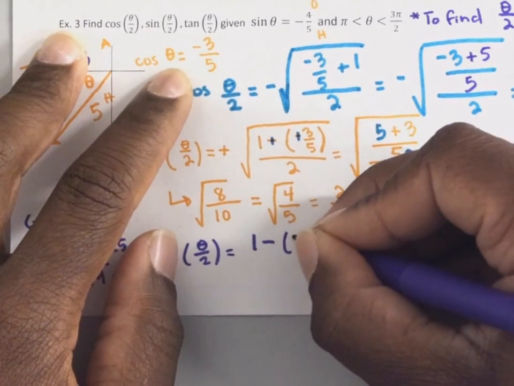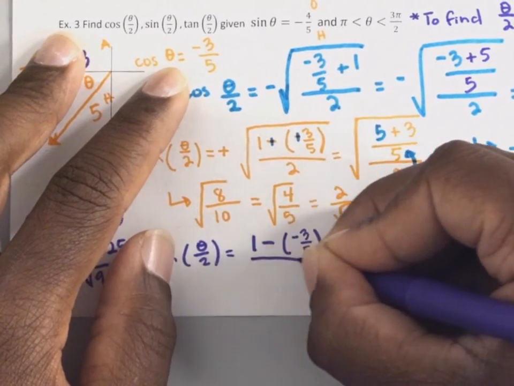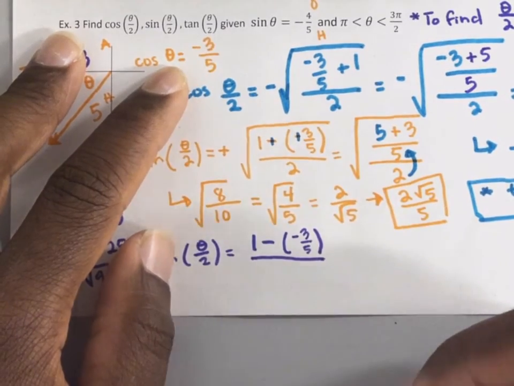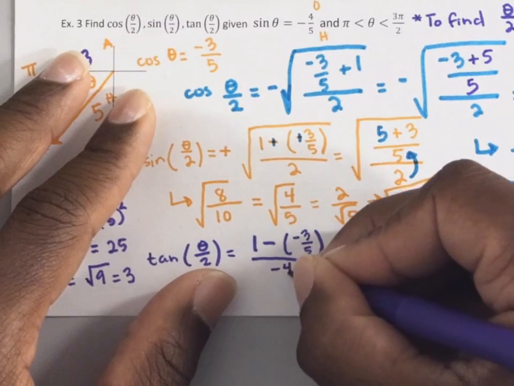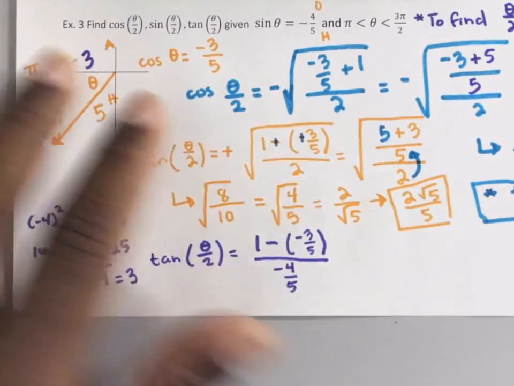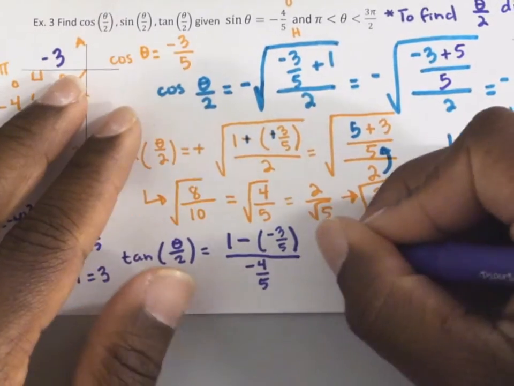Divided by what? Sine. Sine's ratio was given to us, negative 4 over 5. This is my answer, just gotta simplify it.